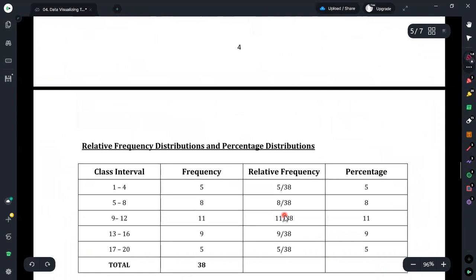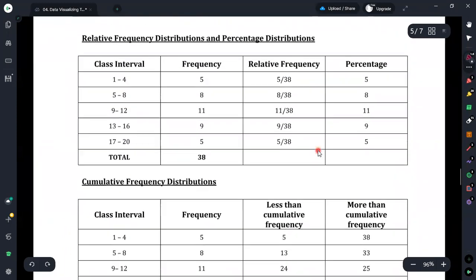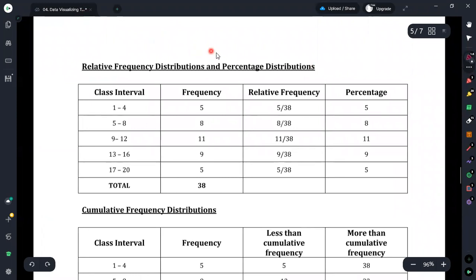And now we will move to some other distributions related to this frequency distribution. Here we can construct the next type of distribution, the relative frequency distribution and the percentage distribution.